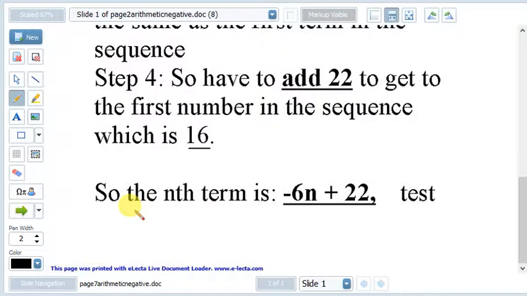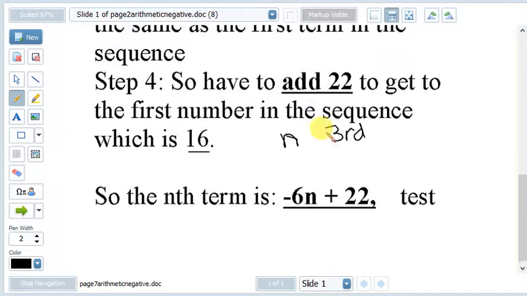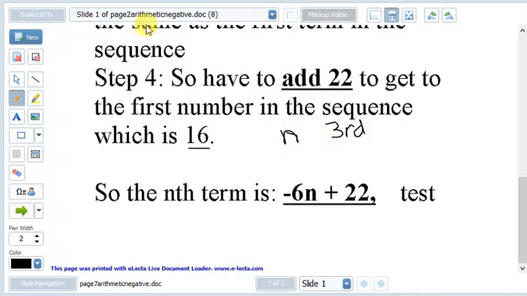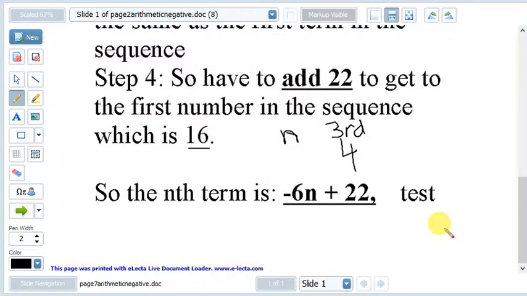And just to show this, we're going to choose the third term in the sequence. Now we know up here that the third term is 4. Okay, so let's just put this here. So the third term is 4 from the sequence, as we can see, 1, 2, 3. So let's try substituting n equals 3 into this formula.